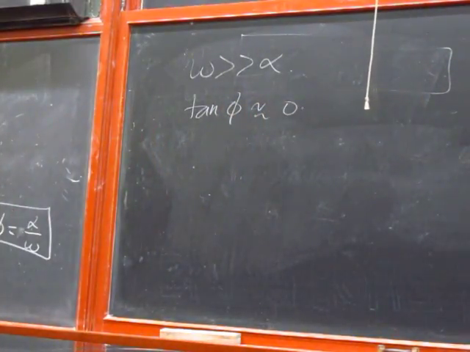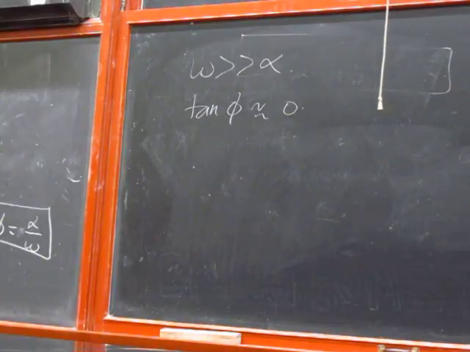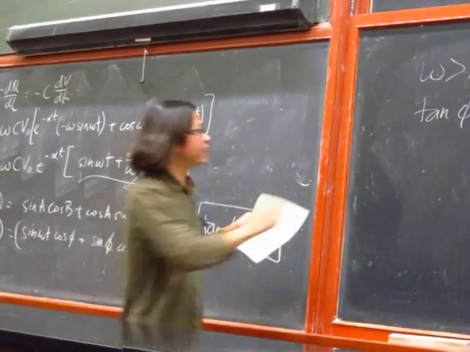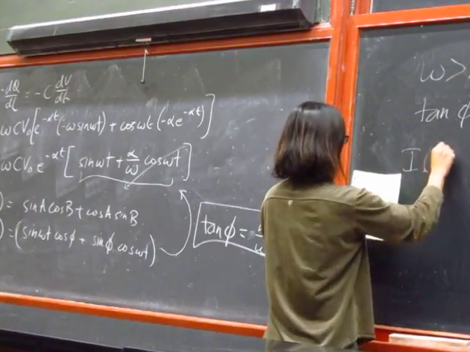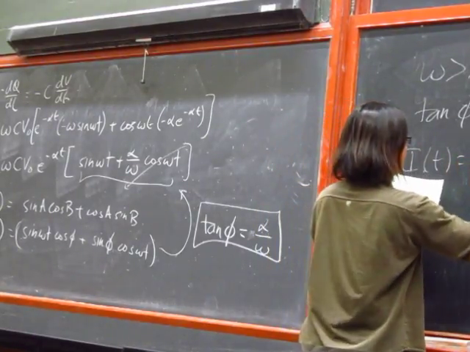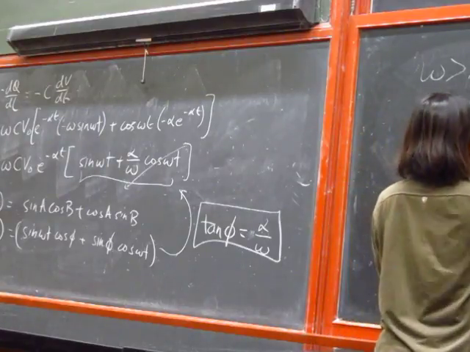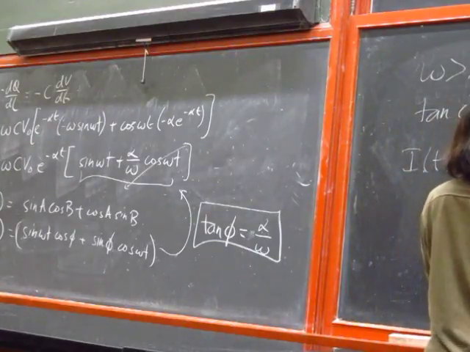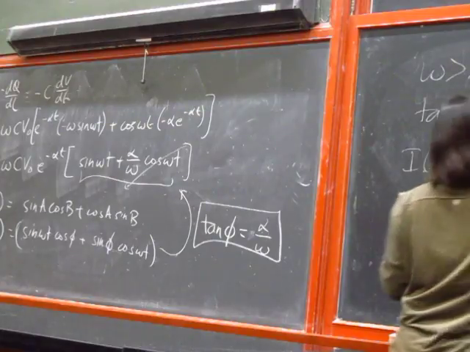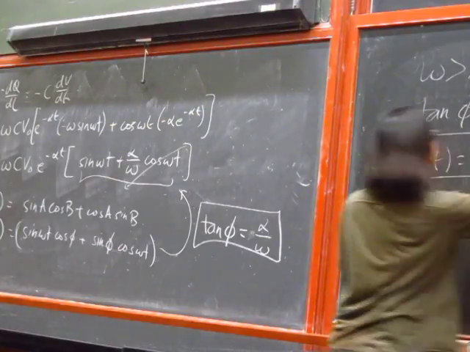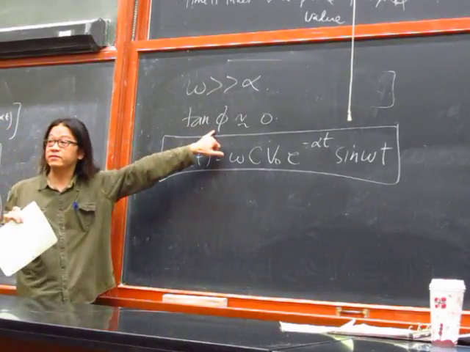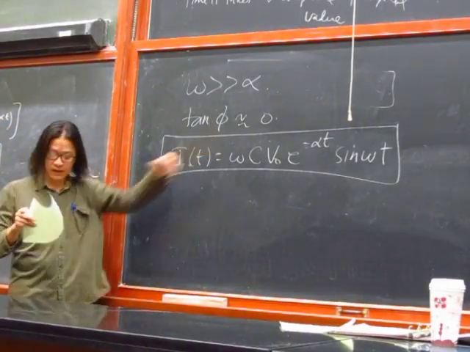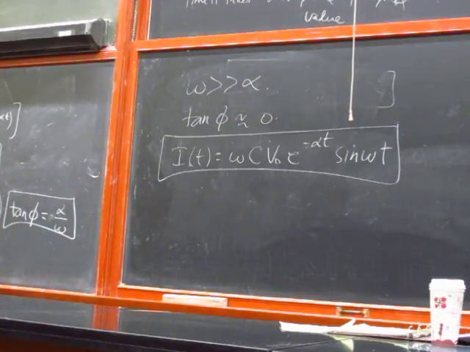I can basically ignore this term. The current is then just given by omega C V naught e to the minus alpha t sine omega t. I'm just ignoring the tangent phi term, which is small.